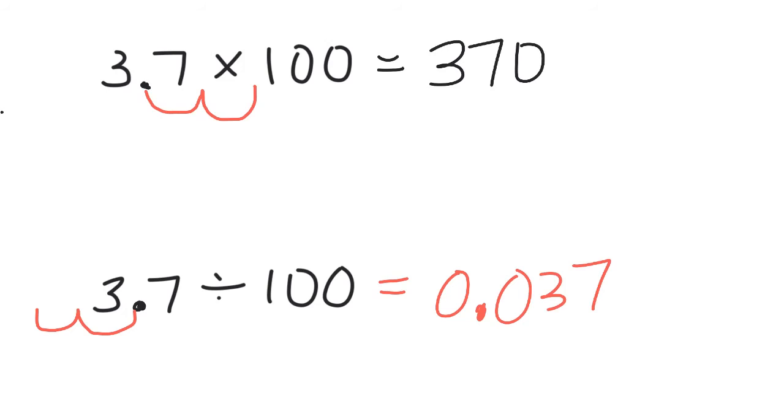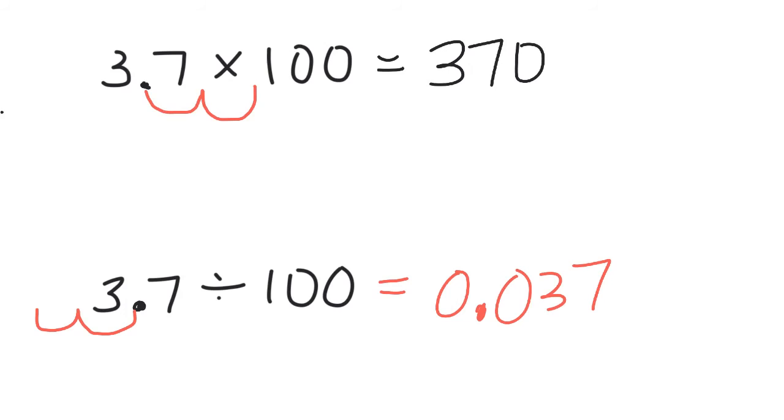Okay? Isn't it to the right? To the left. Oh, wait. To the right. Oops. But you said the answer is 0.037? Should we be going to the right or to the left? To the right?